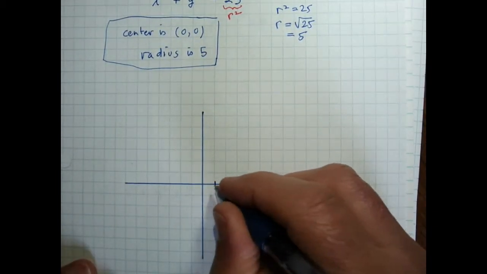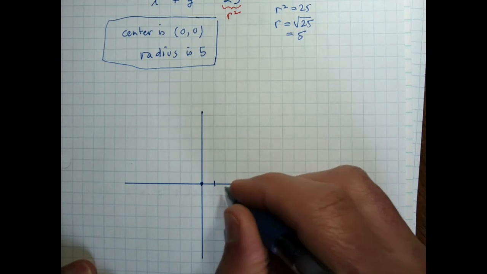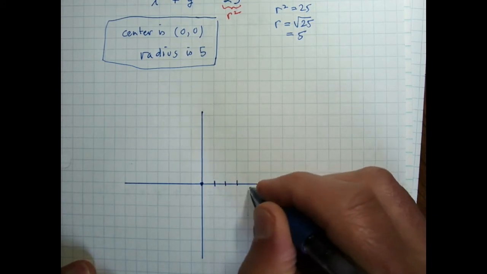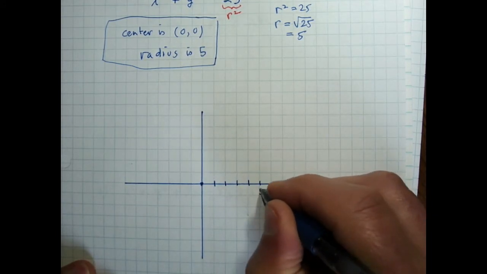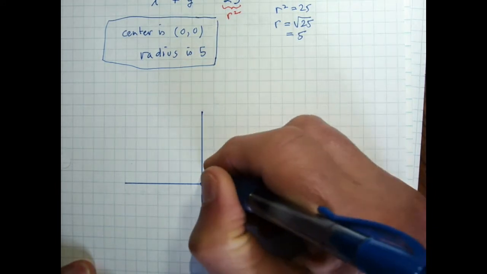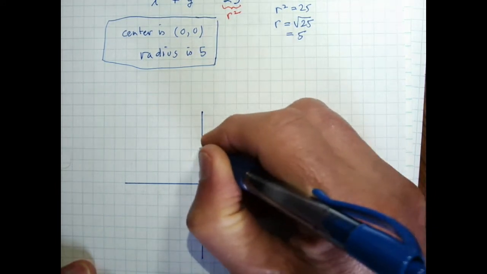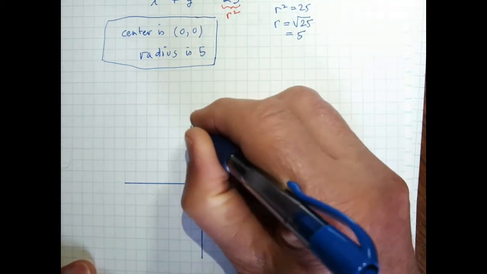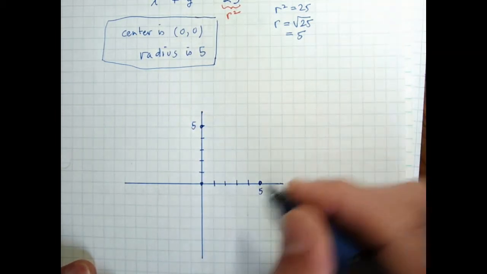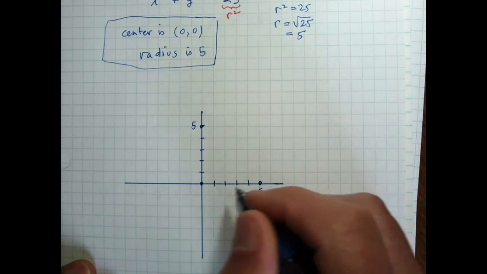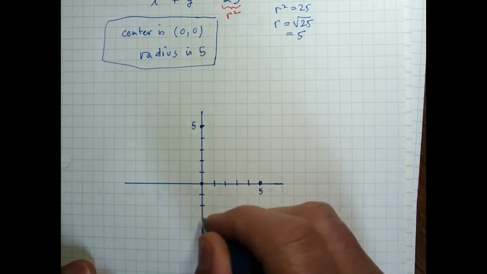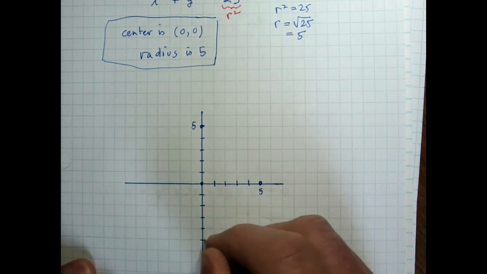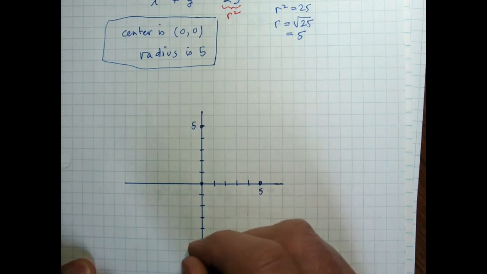And my center is at 0, 0. Here I can just count out 5 units along each of the axes, because if I go straight up and down from the center, or right and left from the center, I just move along the axes here.